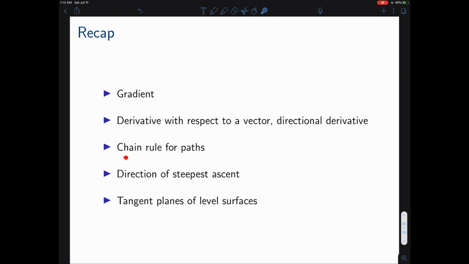We used that fact to figure out a chain rule for paths. Then we looked at the geometry of gradients, and we said that they point in the direction of steepest ascent of a function, meaning the direction with the maximum rate of increase in that direction. And finally, we saw how gradient vectors give normal vectors and equations for tangent planes of level surfaces.